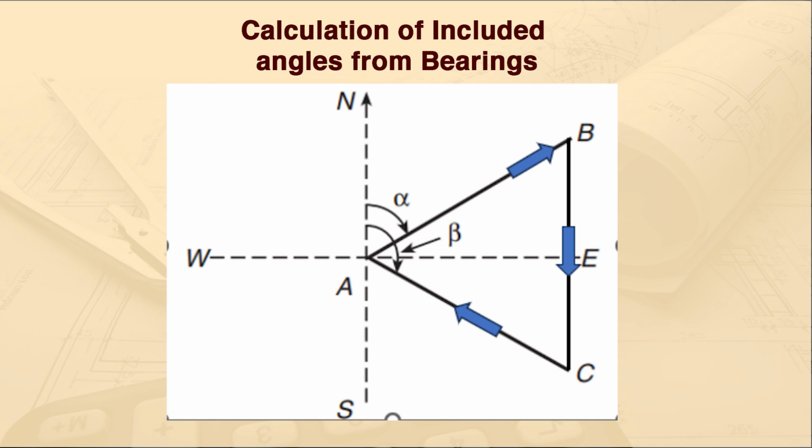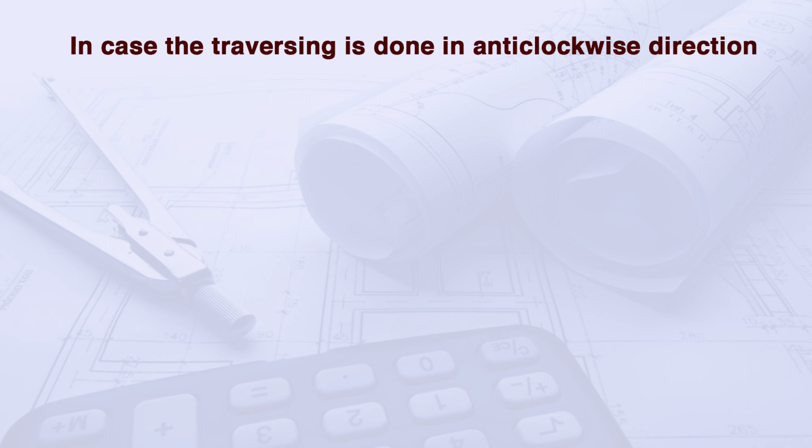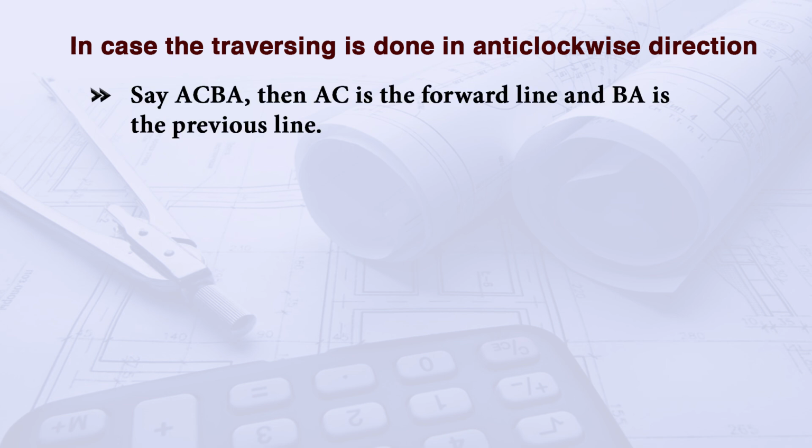which will be the exterior included angle, as this traverse runs clockwise in this case. Now, if traversing is done in the anti-clockwise direction in the same figure, say from A to C, B and then to A, then AC will be your forward line and BA is the previous line.